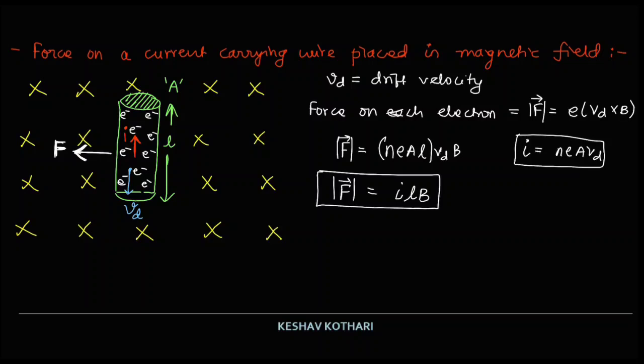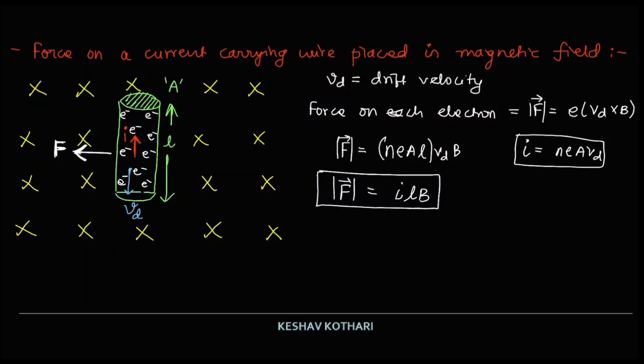If n is the charge carrier density, A is the cross sectional area and length L, the number of electrons will be equal to nAL. The force will become nEALVd into B, and hence the magnitude of force can be written as ILB, since I is equal to nEAVd.